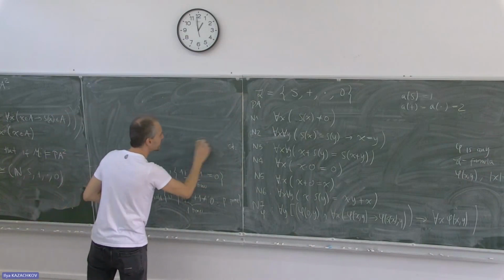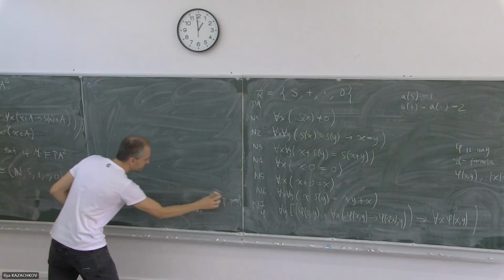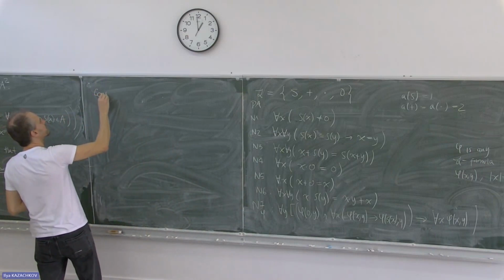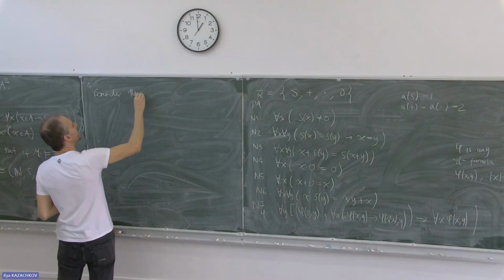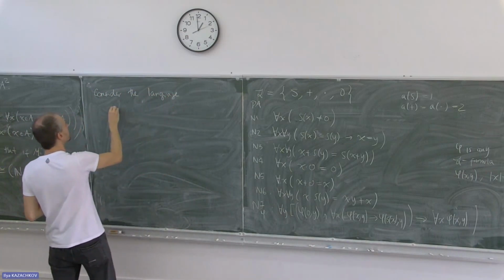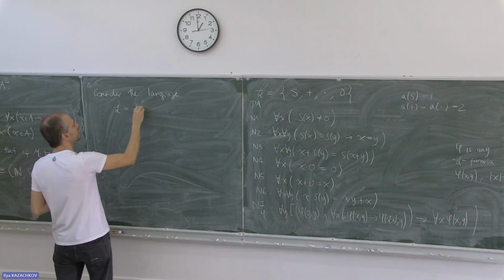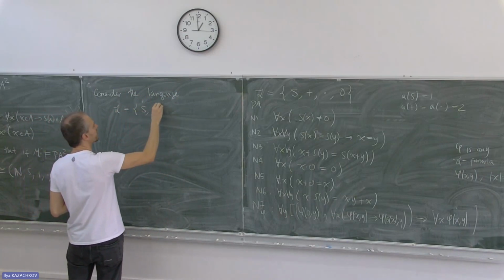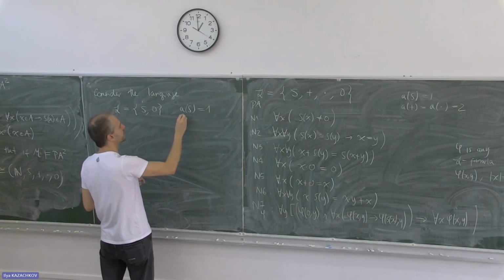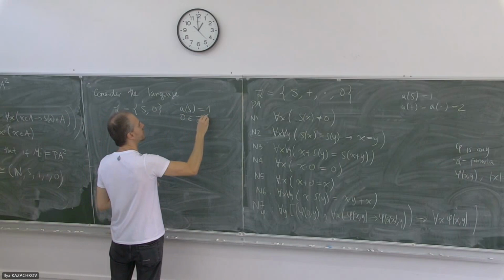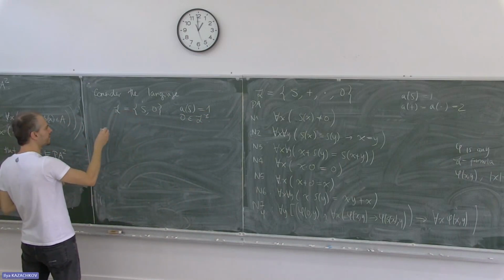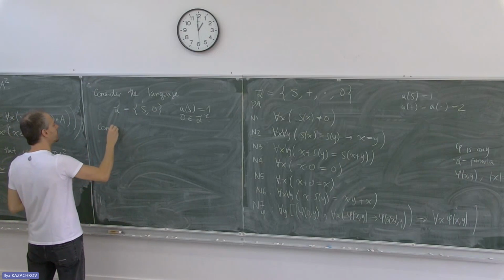So consider, even easier, the language L, which has one unary function symbol S and a constant 0, right? So the arity of this symbol is 1 and 0 is a constant of L. And consider the theory.